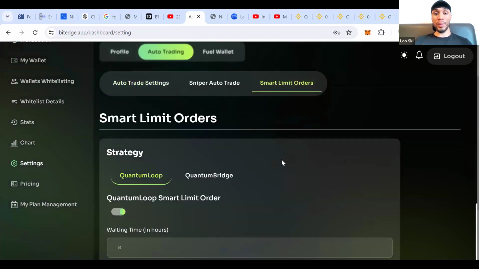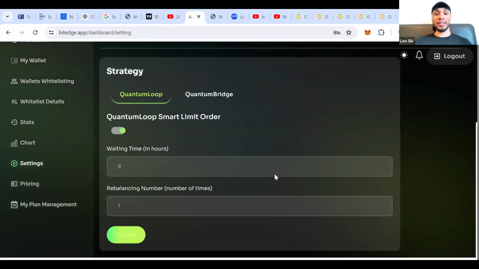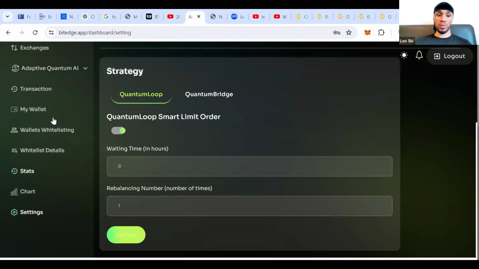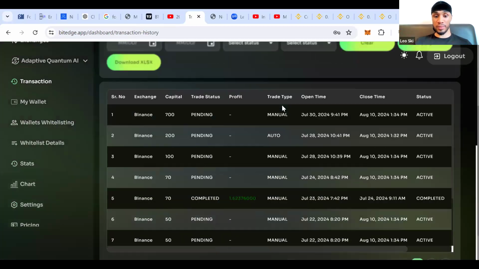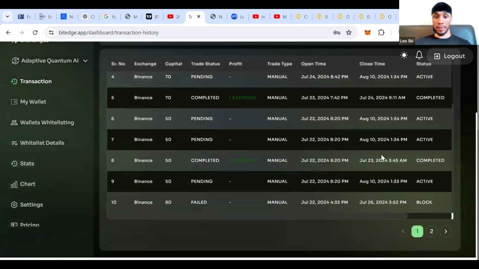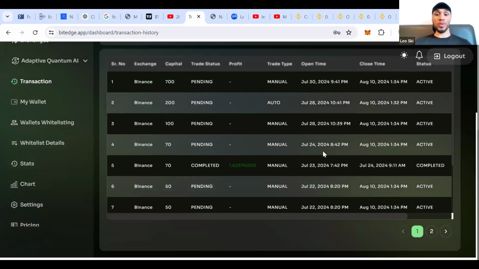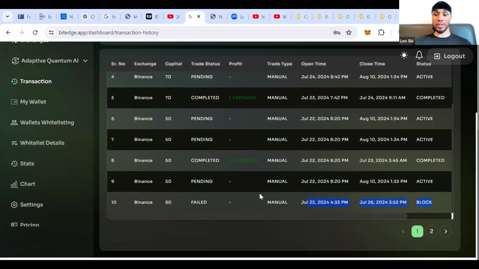If you've got your smart limit orders on, then you'll find that there's a possibility that your trade will appear as blocked or something like that in your transactions, in your recent transactions. Okay, or failed. As you can see here, blocked, failed. Why? Because my smart limit order was on when I took this trade.